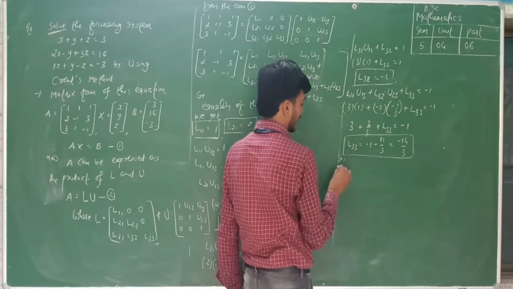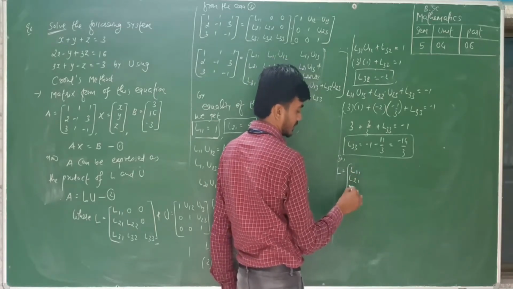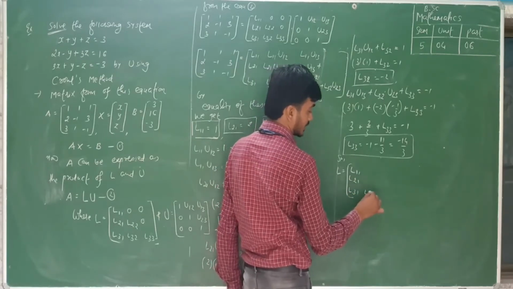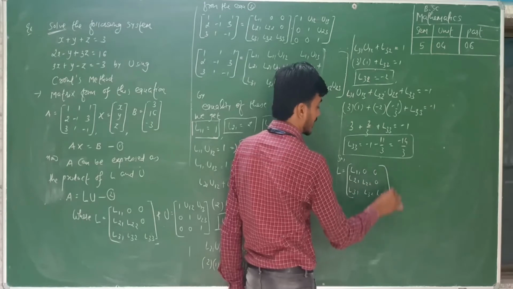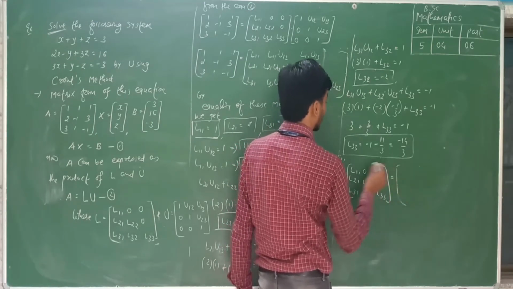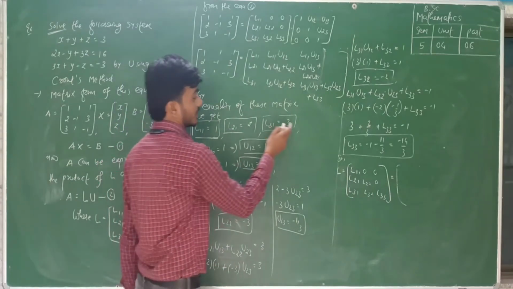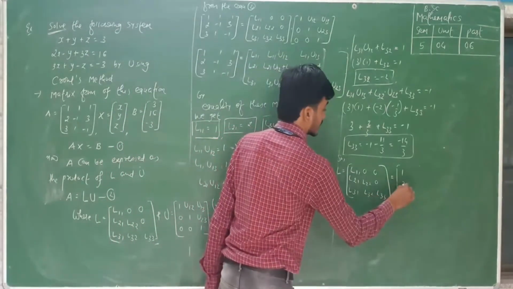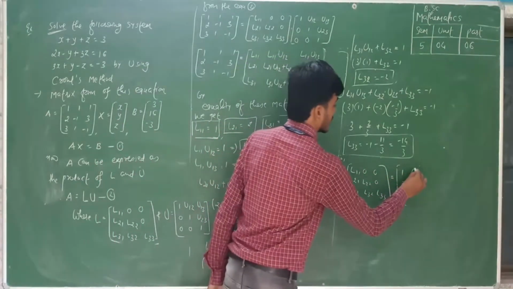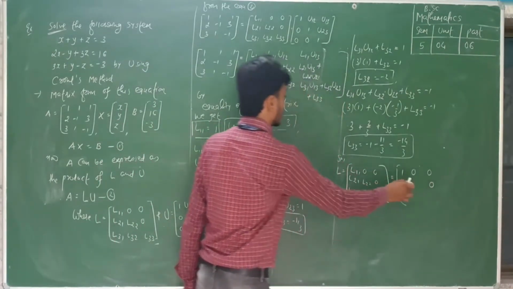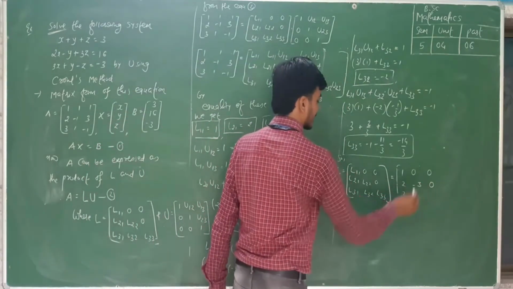So L is equal to the lower triangular matrix with L11, L21, L31 as 1, 2 and 3, the first column: 1, 2 and 3. The remaining entries in the first row are 0, 0. L22, the value of L22, that means minus 3.